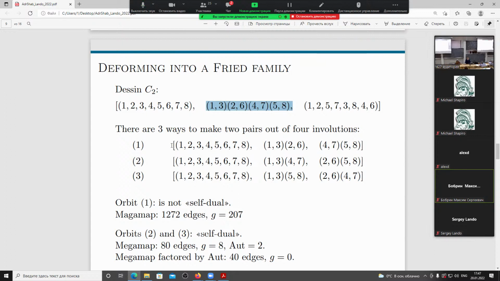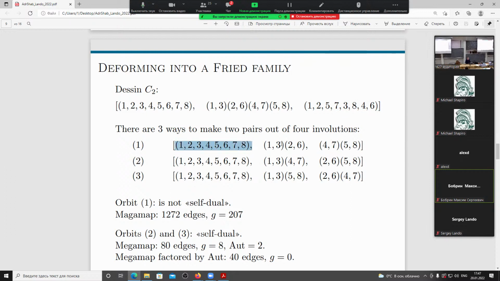To make it shorter, I didn't write here the 4th permutation. It's the same as here. It doesn't change. Just here should be 4 permutations. But actually not. So we get 3 candidates, 3 candidates for how we can split into a Fried family.